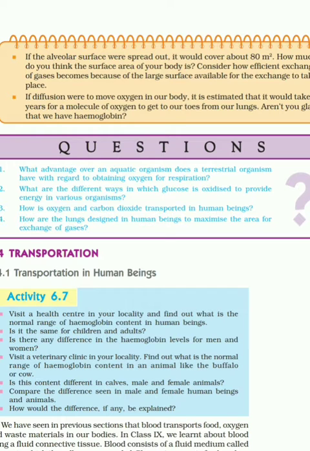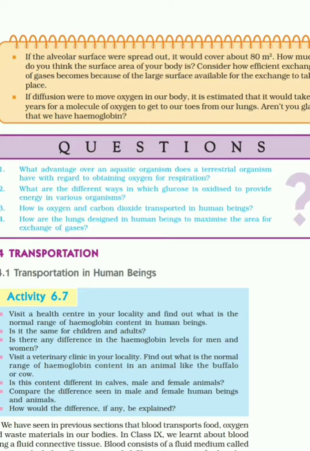What advantage does a terrestrial organism have over an aquatic organism? Aquatic organisms are the organisms which live inside the water. You know that we are all considered to be terrestrial organisms.